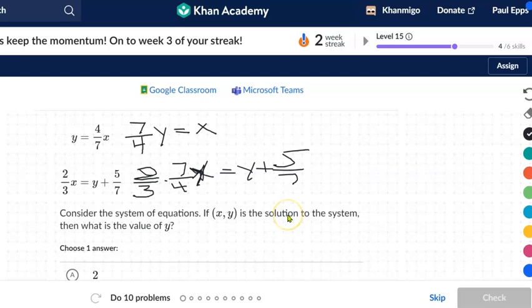That is pretty ugly, but all right. So from that, if we've got 2/3 times 7/4, it's 14/12. 14/12 y equals y plus 5/7.